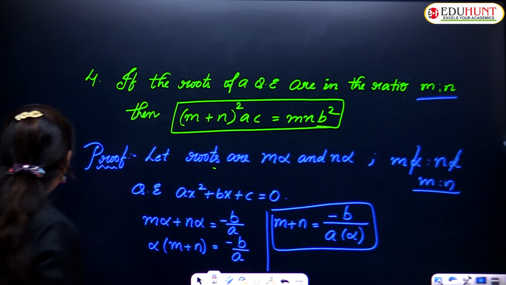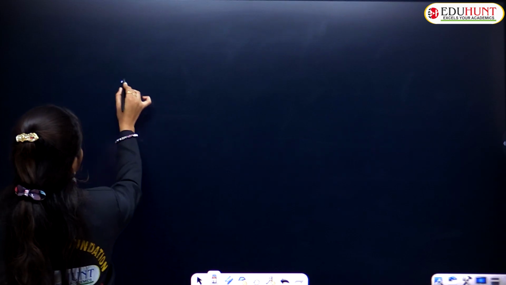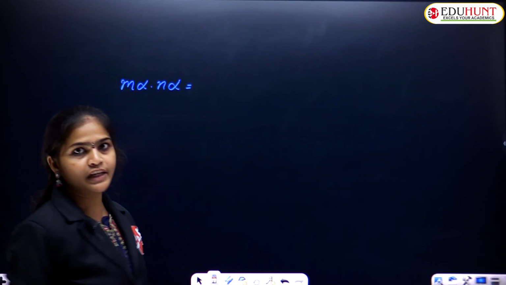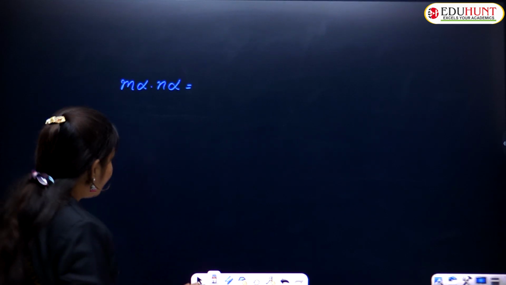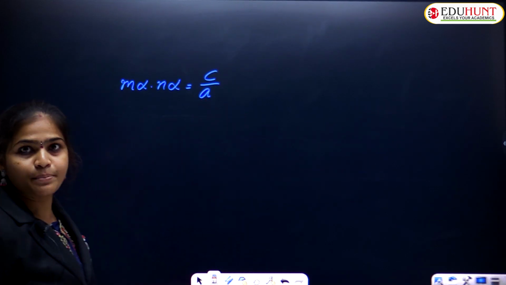Next we need to find the product of the roots. The product of the roots, m alpha into n alpha, is equal to c by a. So mn into alpha square is equal to c by a.